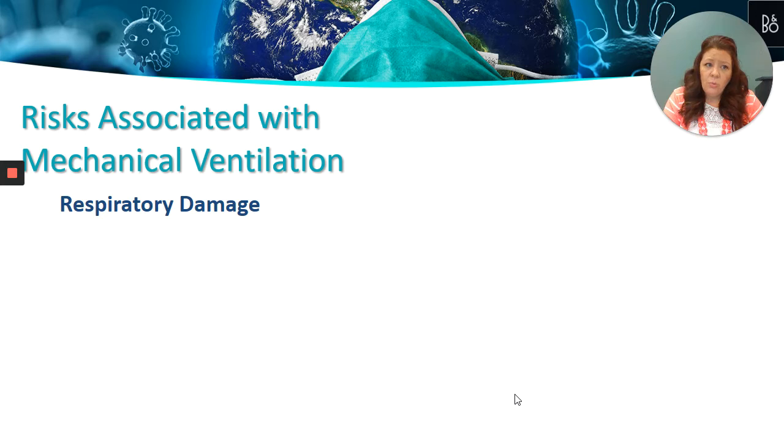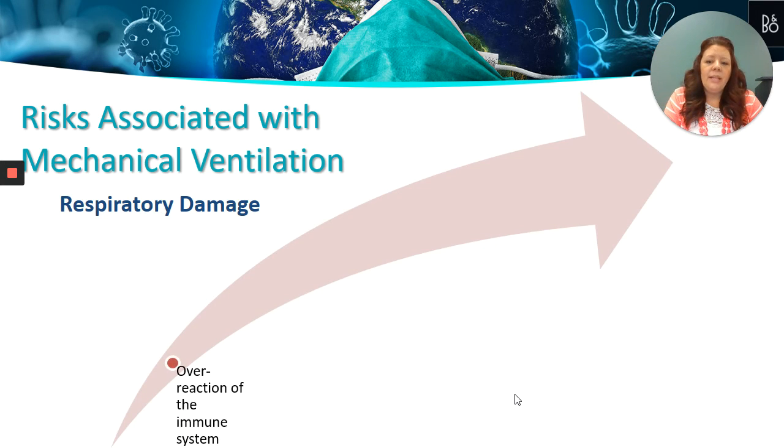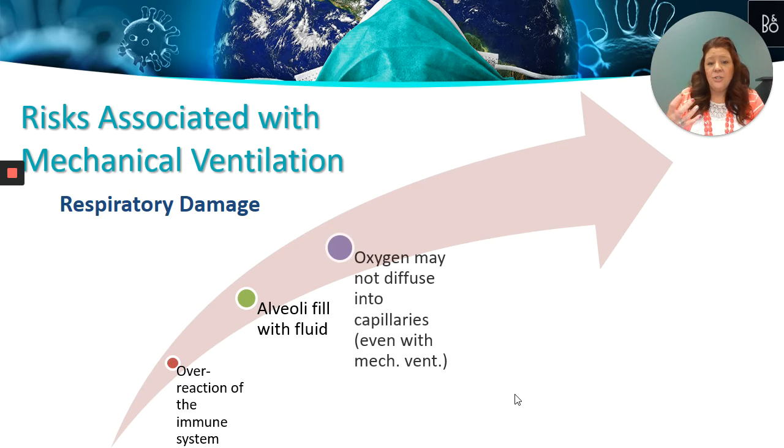And then also, we have the risk of respiratory damage with mechanical ventilation. Let's talk about that a little bit. So like we mentioned with COVID, you have an overreaction of your immune system. So you have your alveoli that are filling with fluid, right? So we're having issues with oxygen exchange. So we don't have that ability to exchange as much oxygen even with the ventilator, right?